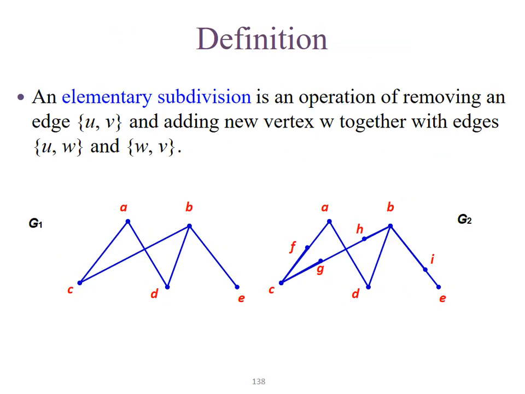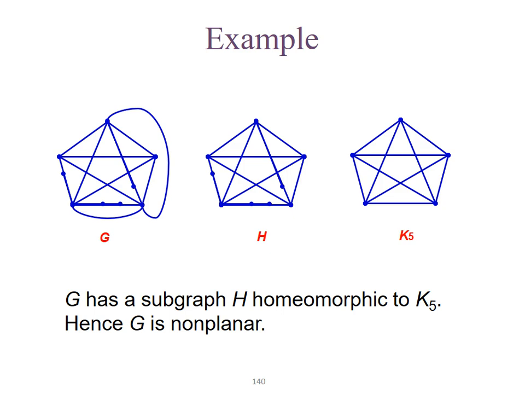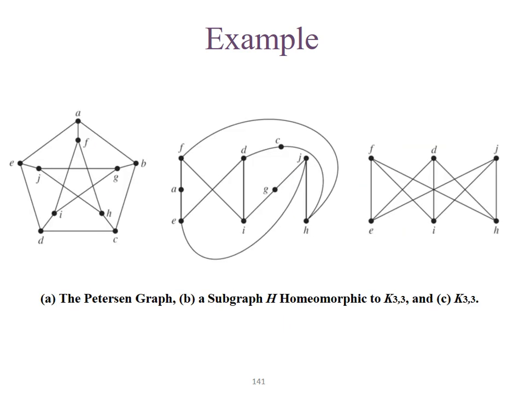Now I will give you one example. This is a very famous graph called the Petersen graph. If you want to determine if this graph is planar or not, you can reposition its vertices and discover there is a homeomorphic subgraph.